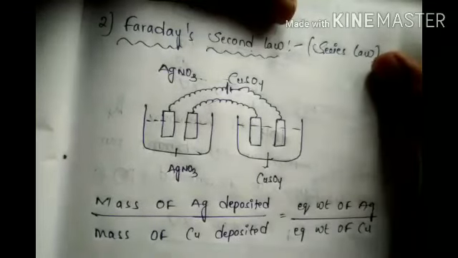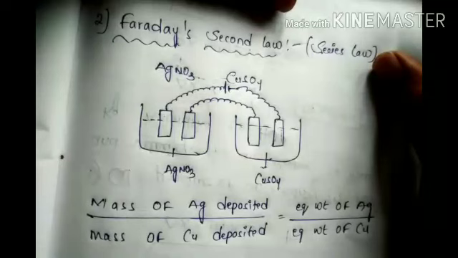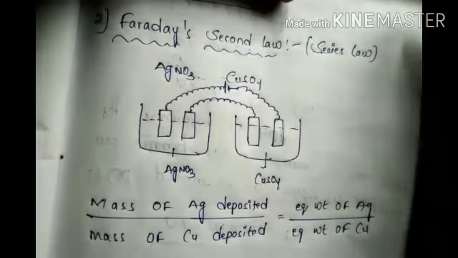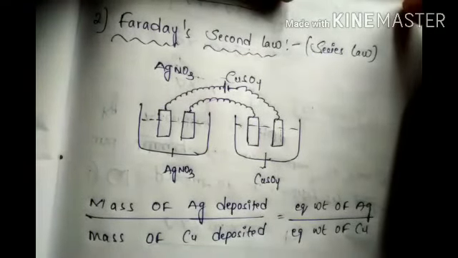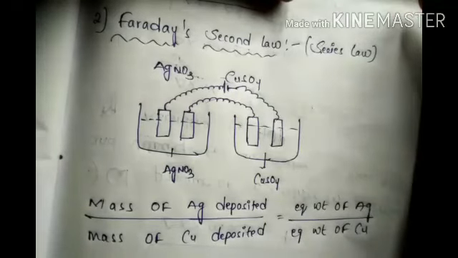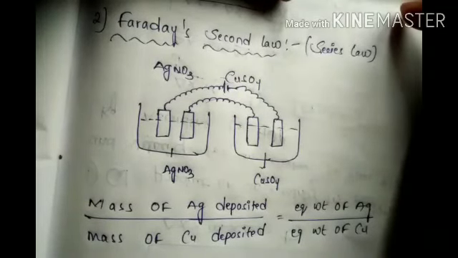This is the formula. Based on this, we have to find out how much electricity is passing and how much substance is produced, everything we have to find out.